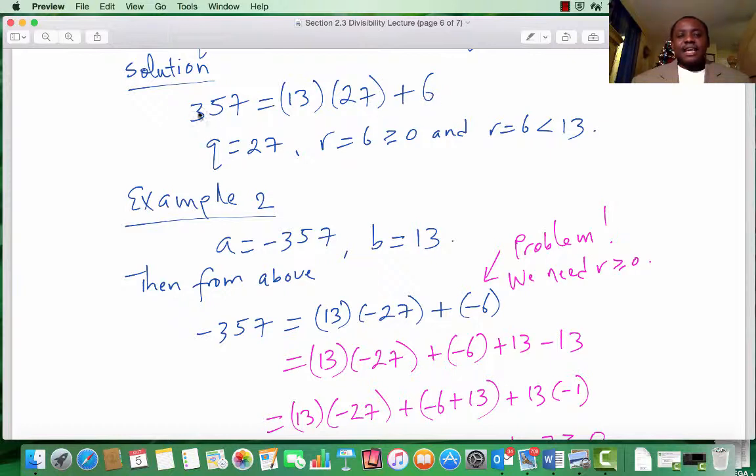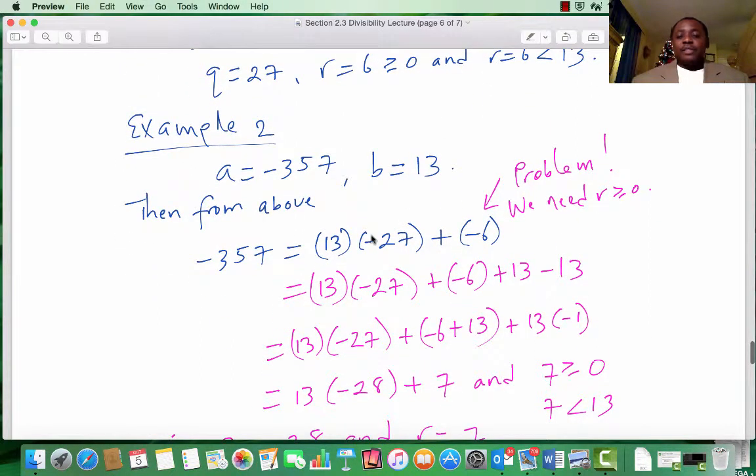Since A is a negative number, I can hit negative all across, and that would give me negative 357. My B has to be positive, so I leave it positive. My negative goes into 27, so that becomes 13 times negative 27 plus negative 6.